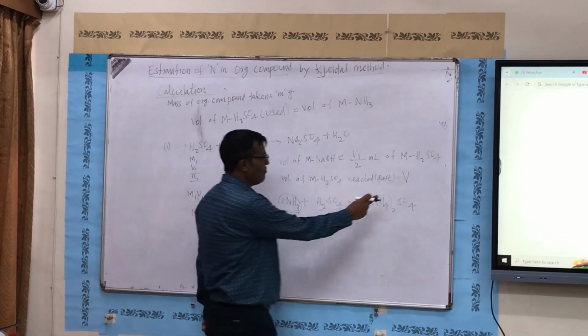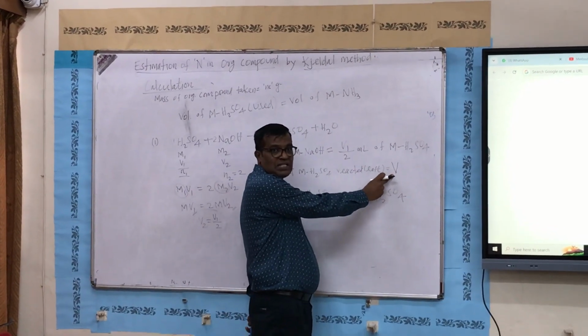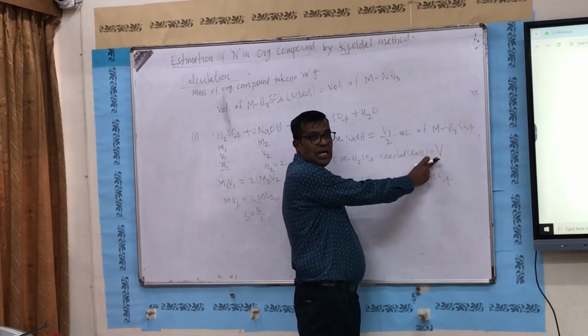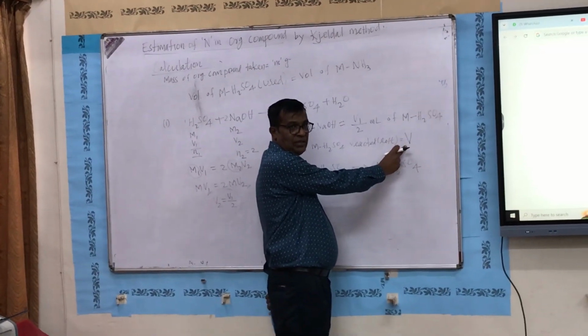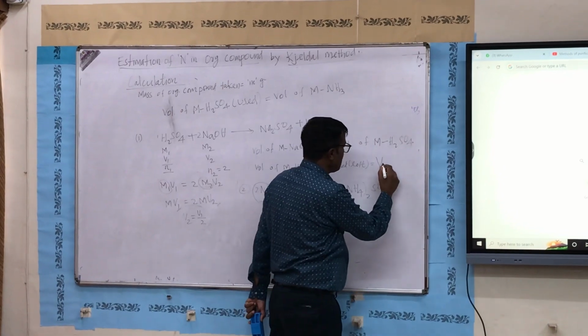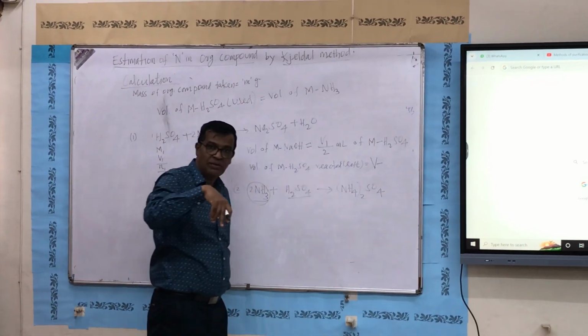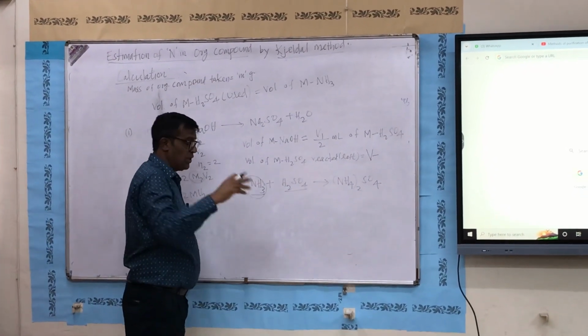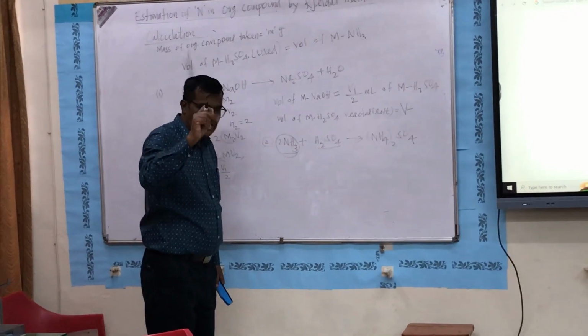This is the volume of sulfuric acid taken in the beginning, before the absorption of ammonia. After that, we know how much sulfuric acid is neutralized by the ammonia. So how much sulfuric acid is left out?